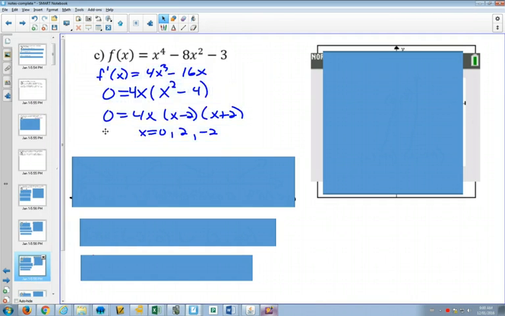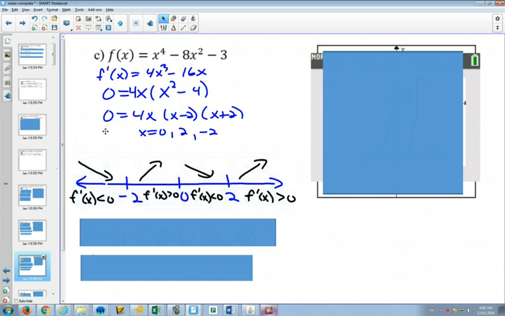Setting up the derivative, not bad, and the factoring's not bad because there's a common factor and then a difference of squares. And we have 3 critical points. So when we set up our number line, we set up all 3 of them. And again, pick a value in each of the sections and check them. You try something less than negative 2, like negative 3, okay?